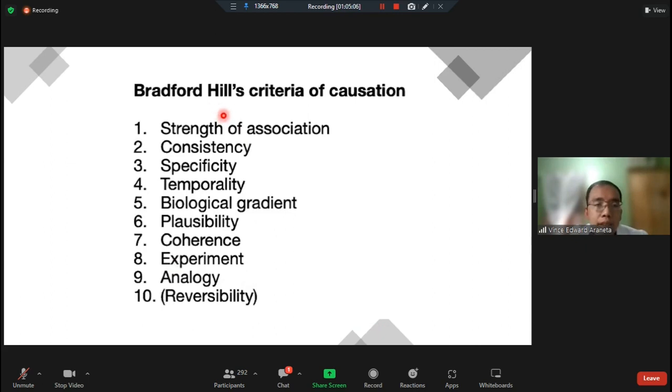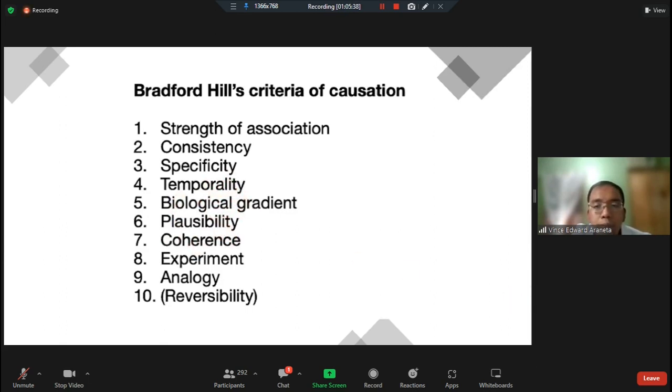The list of the criteria is as follows: strength of association. Just read further if you want to know more about the criteria. Strength of association, consistency, specificity, temporality, biological gradient. Temporality, just to emphasize, means the effect has to occur after the cause or exposure. The biological gradient means greater exposure should generally lead to greater incidence or effect.